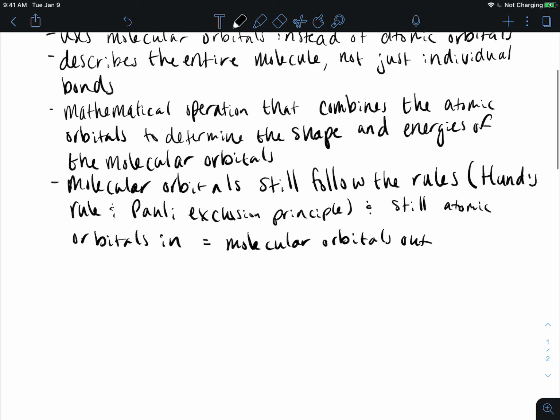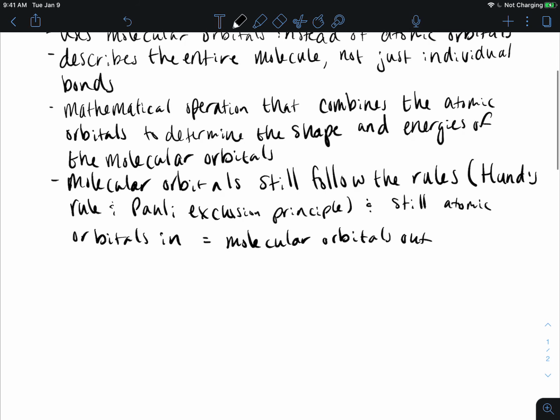Okay, so our atomic orbitals, that's atoms only. Molecular orbitals, that's the entire molecule. So when we combine these atomic orbitals to produce these molecular orbitals, we're going to produce two molecular orbitals, where one is lower in energy, one is higher in energy. So, orbital overlap.